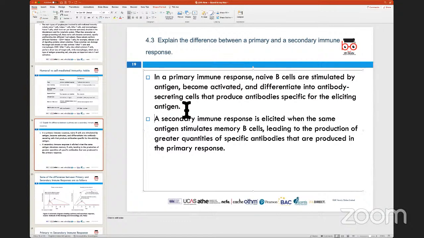The second thing which we would be looking at differentiating between primary and secondary would be on the basis of speed. For example, the primary response is characterized by being slow and normally weaker because the body is naturally producing antibodies to combat that pathogen, coming in contact with it for the first time.